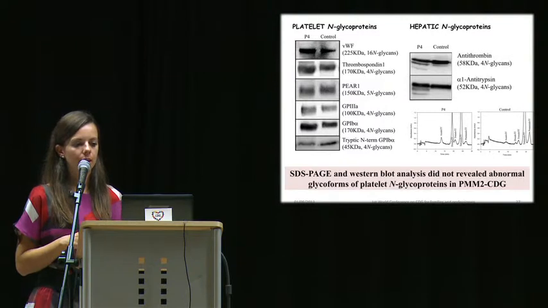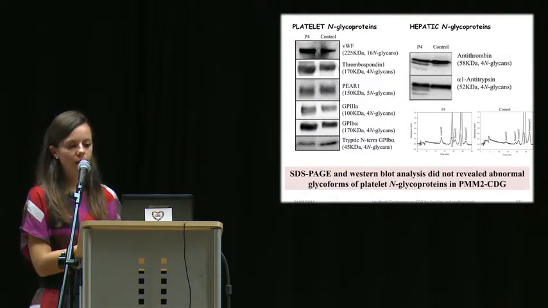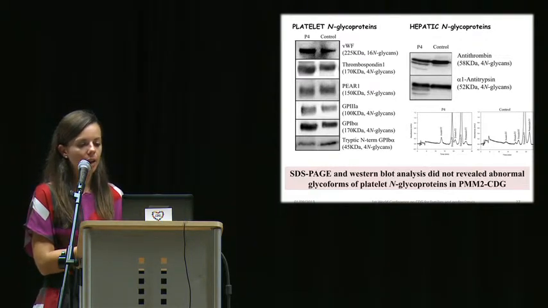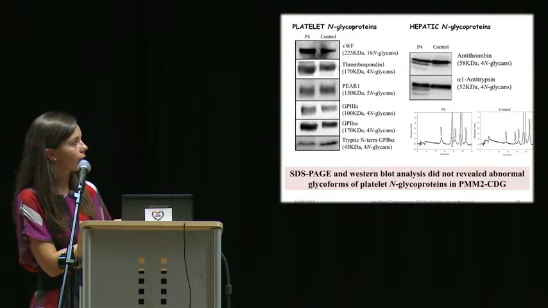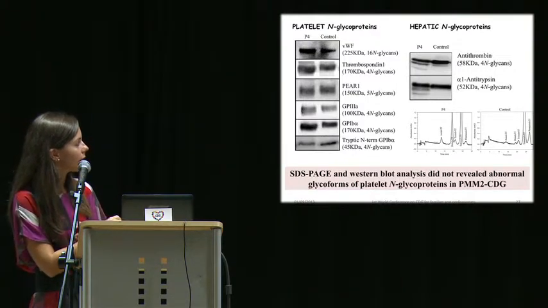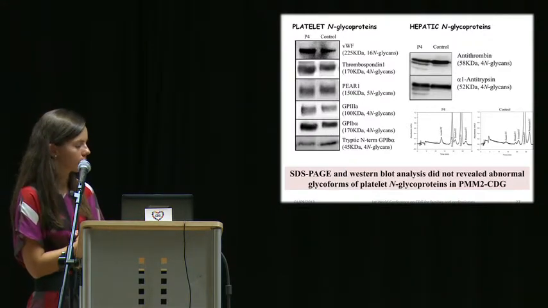Moreover, we studied up to 6 different glycoproteins of the platelets in order to find different glycoforms, different glycosylation defects, as we have found these defects in hepatic glycoproteins like antithrombin, alpha-1 antitrypsin or transferrin. But as you can see here, none of these N-glycoproteins from the platelets seem to reveal abnormal glycoforms.